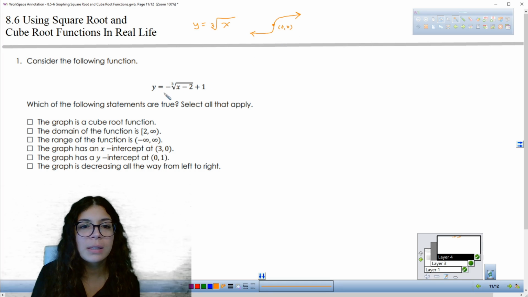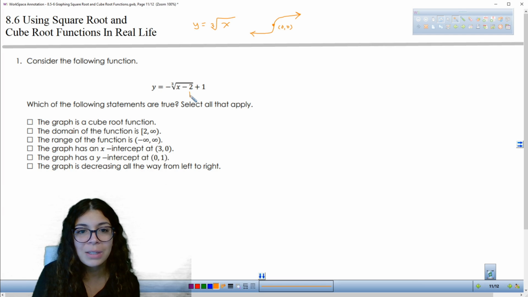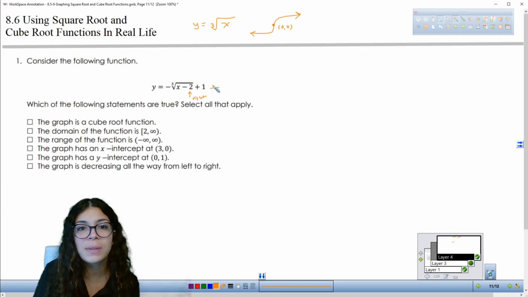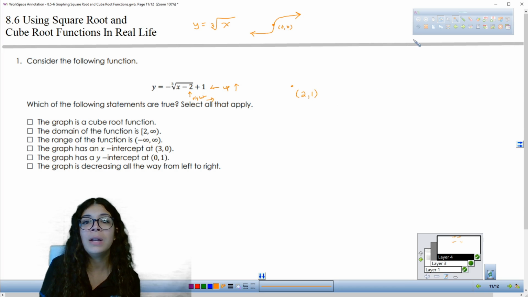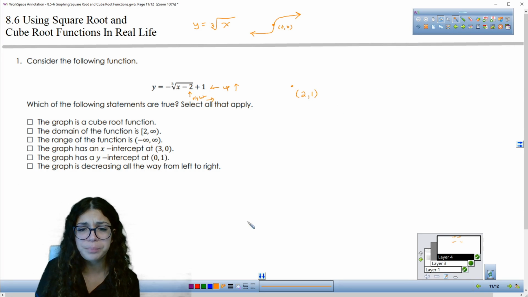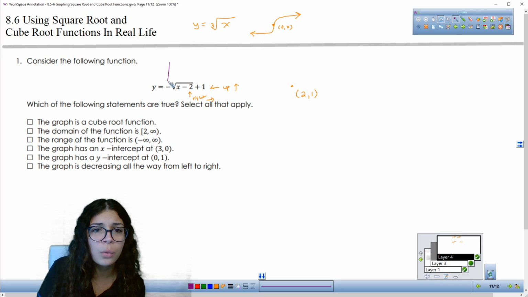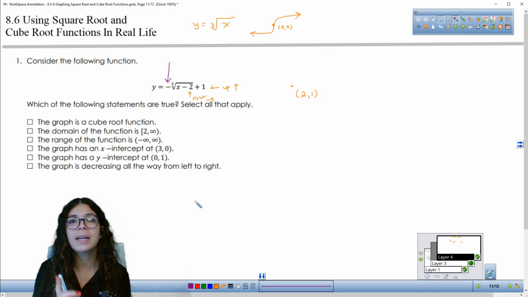Now, look at this function. First, it's shifted to the right 2 units, and it's shifted up 1 unit. So that means that if you're shifting the center to the right and up, that new center is at 2, 1. Now, another thing that happens is that it is being reflected. You're changing the sign on the outside.